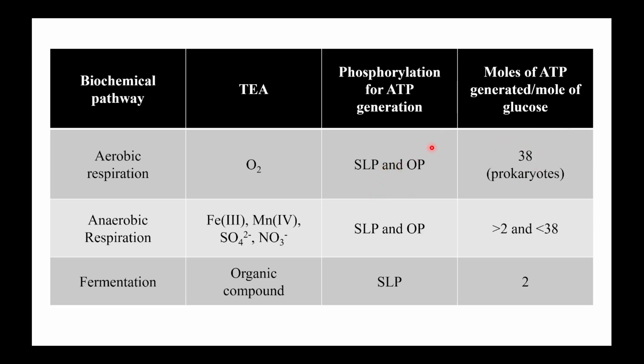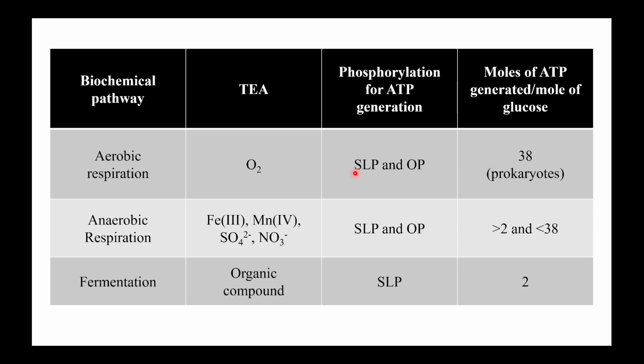By oxidative phosphorylation, 36 molecules are generated, and substrate level phosphorylation occurs in glycolysis. I told you in the 10 steps of glycolysis, we were getting 2 molecules of ATP, right? Those steps where the ATP was generated in the glycolysis pathway were called substrate level phosphorylation because the ATP is generated from a substrate, okay?